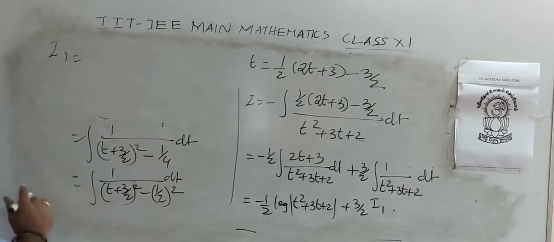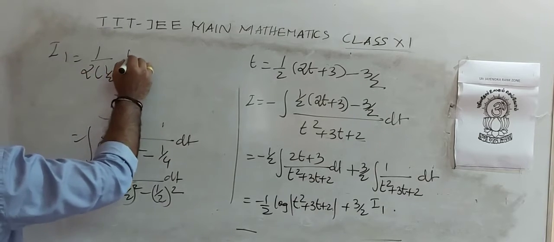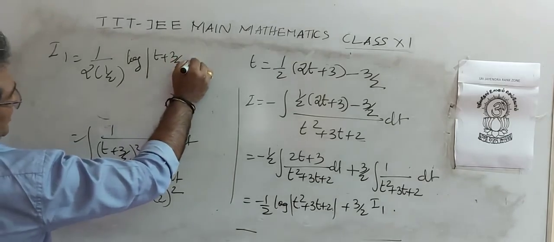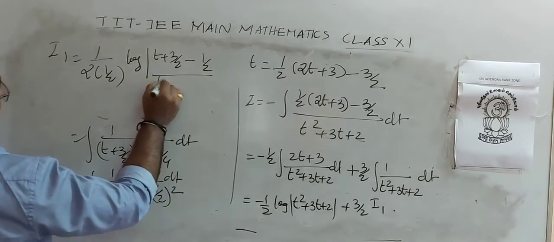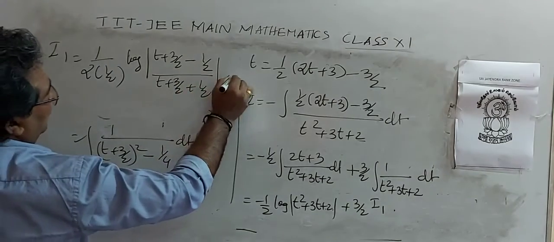X square minus a square, 1 by 2a, 2 into 1 by 2 log t plus 3 by 2 minus 1 by 2 by t plus 3 by 2 plus 1 by 2 plus c.